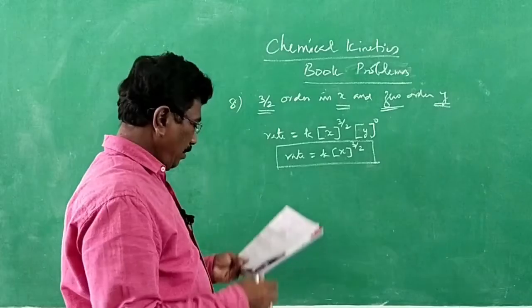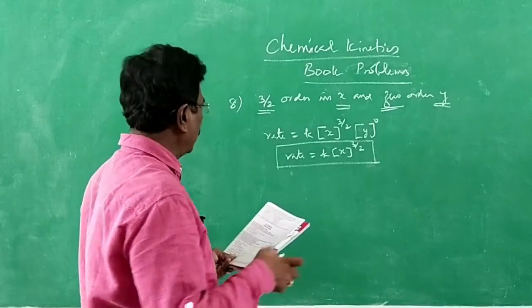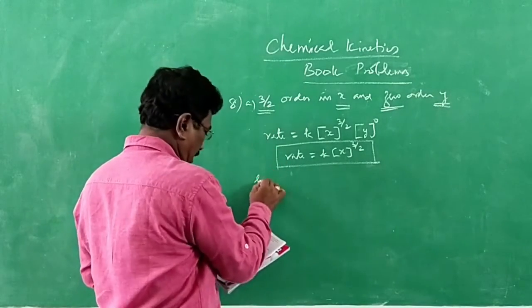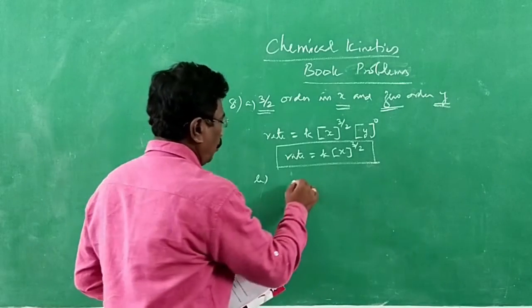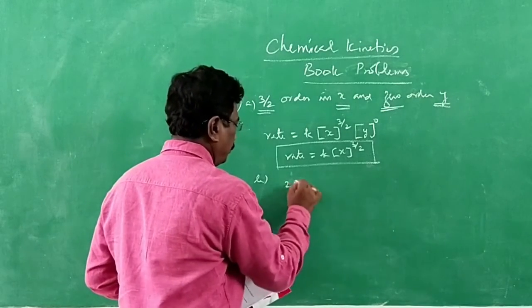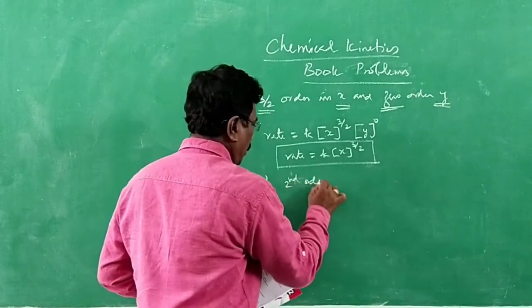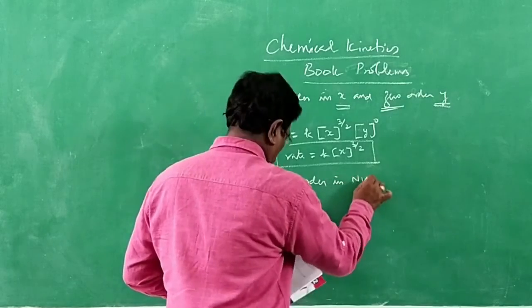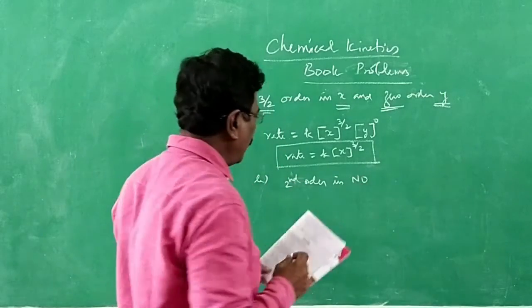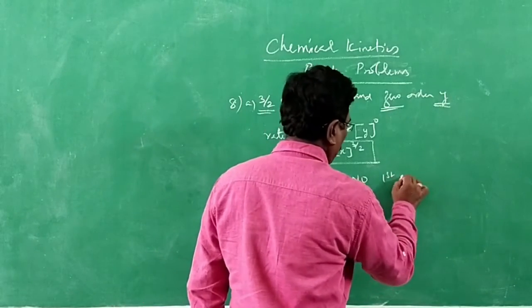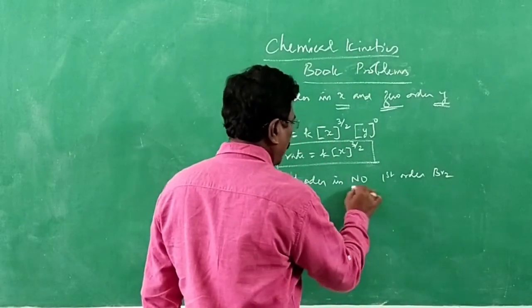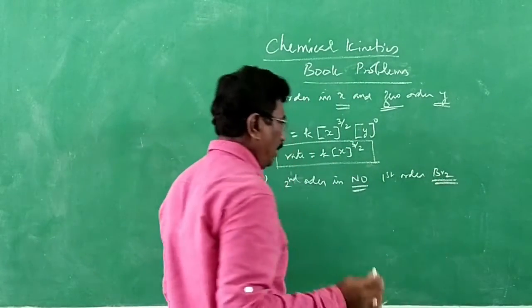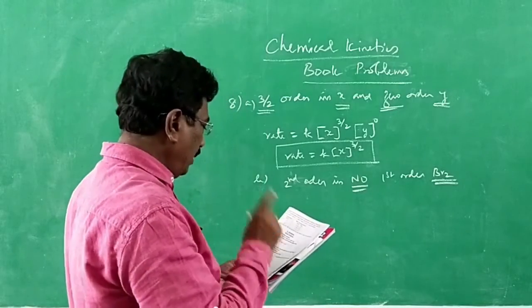All right. Then the second one, B, is given as a subdivision. A reaction that is second order in NO and first order in Br2. So the reactants may be NO and Br2. You are asked to give the rate expression.